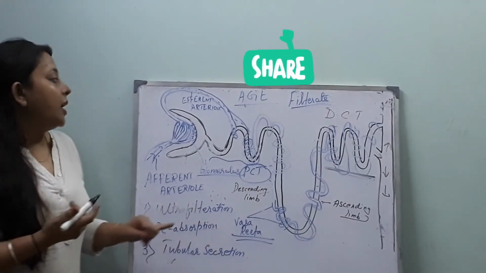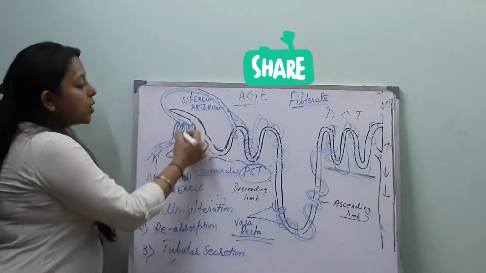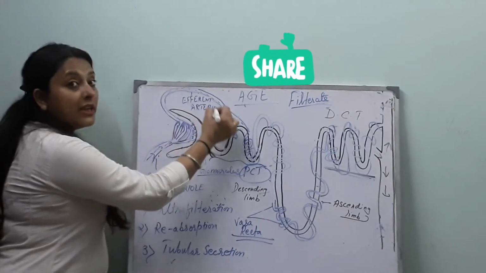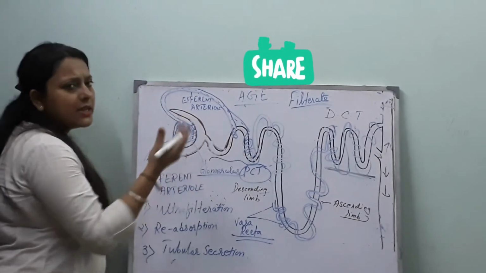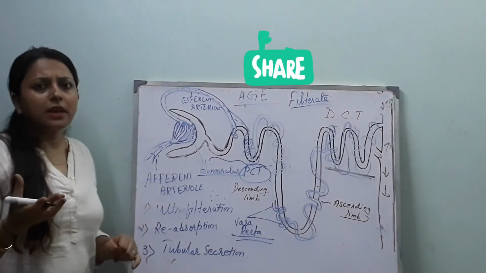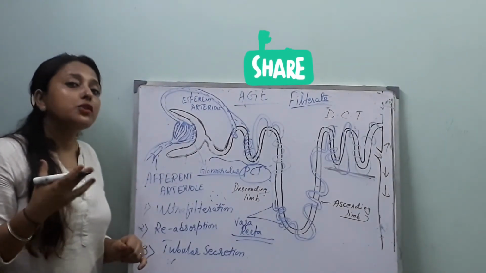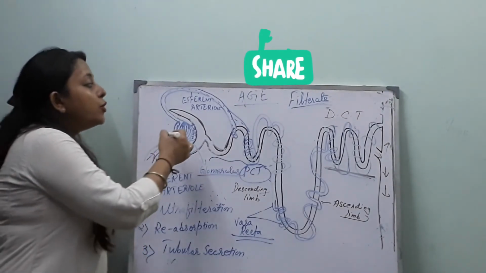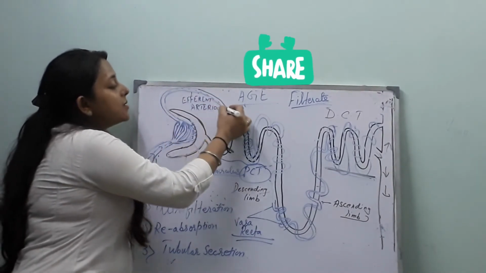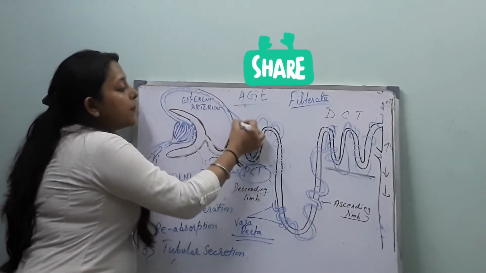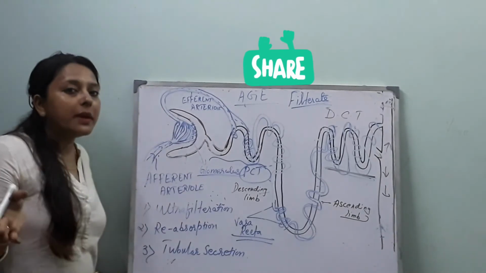How? Large molecules which come out through the efferent arteriole may be waste materials or may be good materials. The good substances flow through the blood and enter again into different parts of the body.